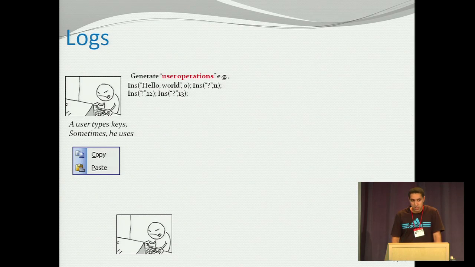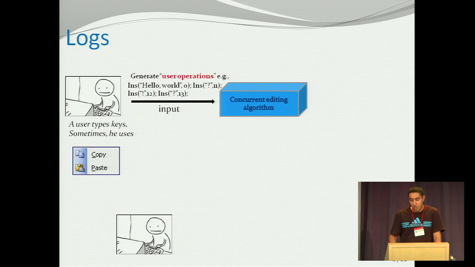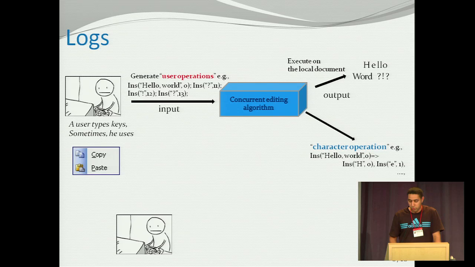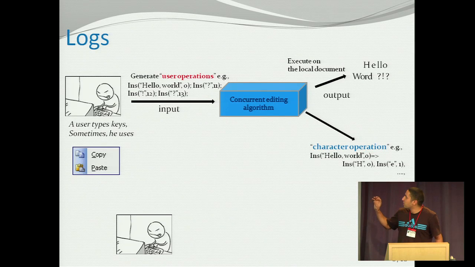These user operations are transformed with specific algorithms into specific operations called character operations. And these operations are executed with a specific algorithm in the local copy.